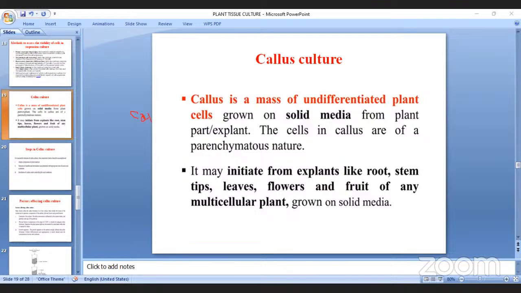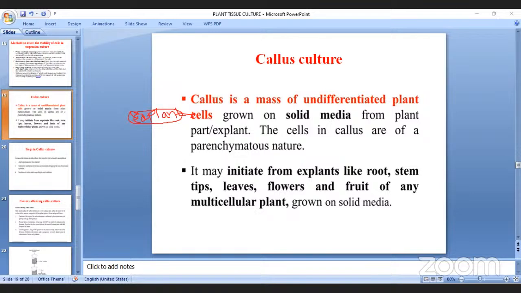What is explant? Explant means any part of the plant is called an explant. So first, before the aseptic condition, first of all we select the explant material, right? After the explant material, we provide the aseptic condition.